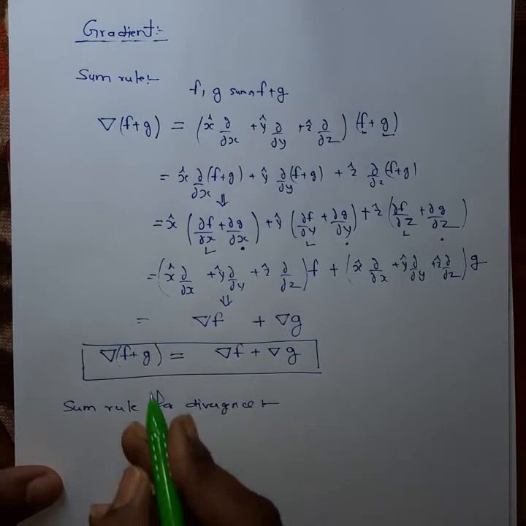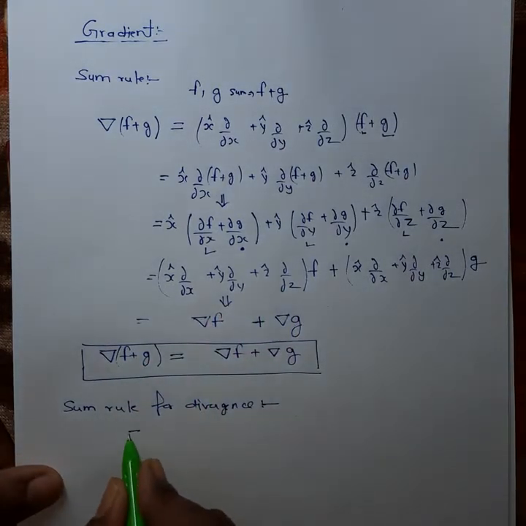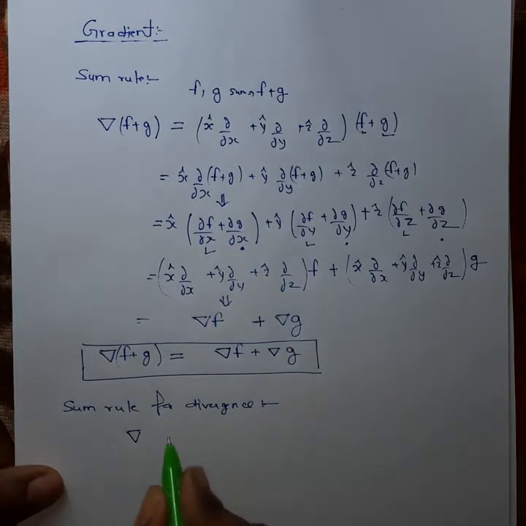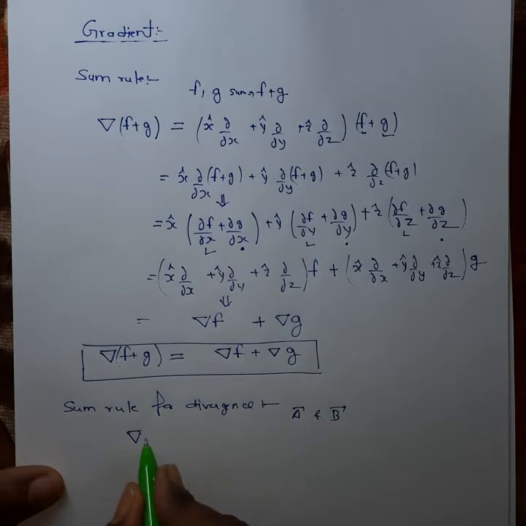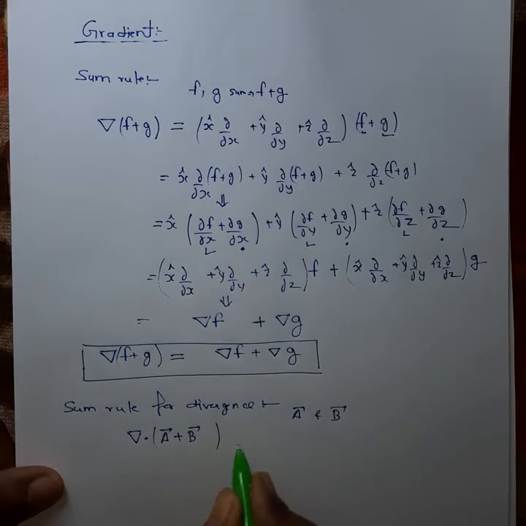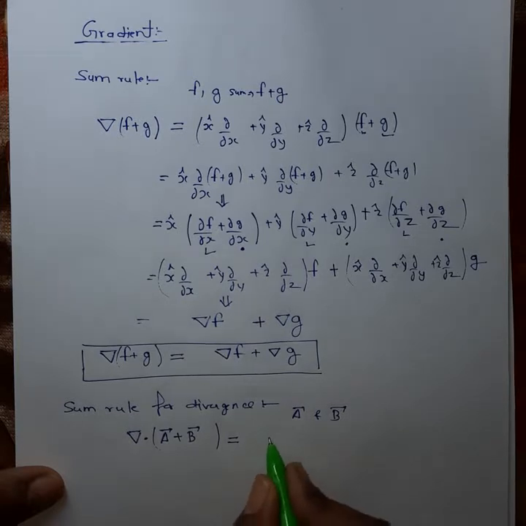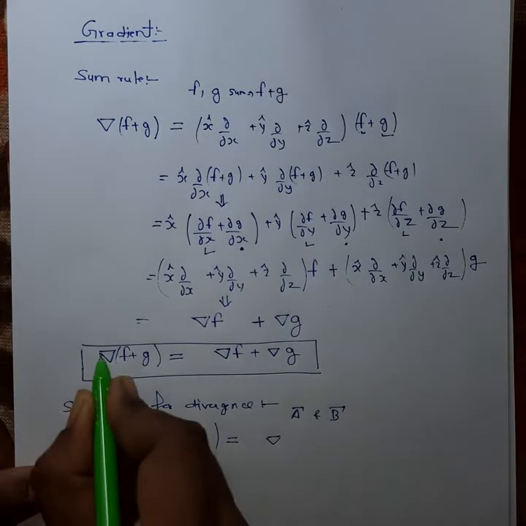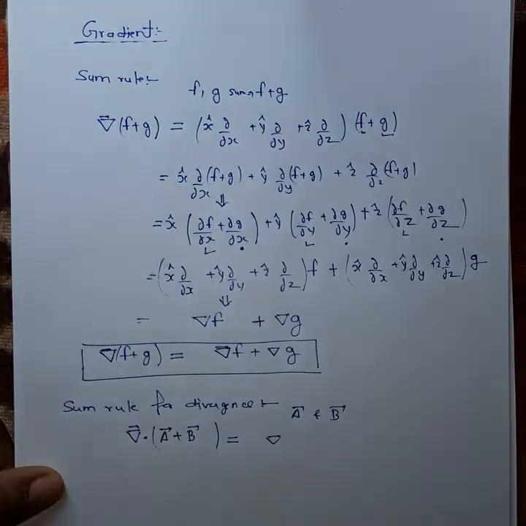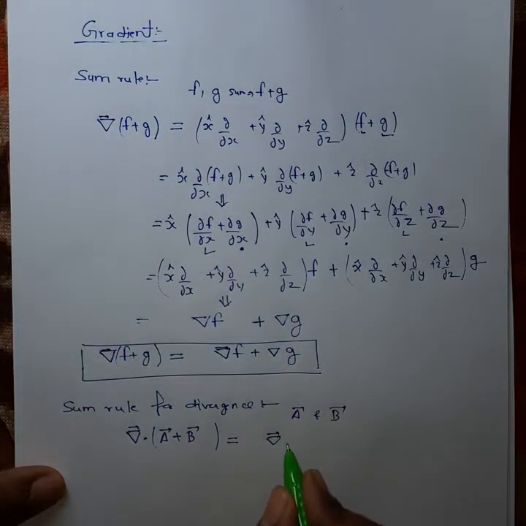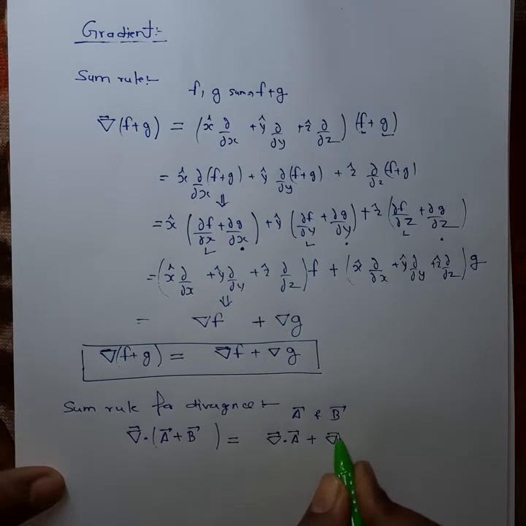You can show in the same way that if a vector and b vector are two vectors, then divergence of the sum of a vector plus b vector can be written as, this is also a vector quantity, so let me put the arrows above the del. So del vector dot a vector, and this will be equal to del vector dot a vector plus del vector dot b vector.